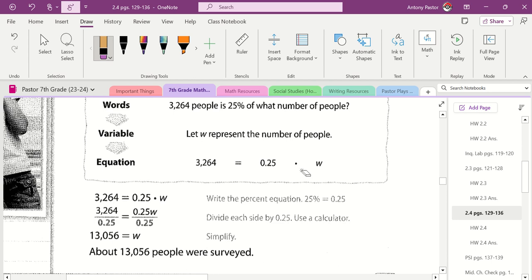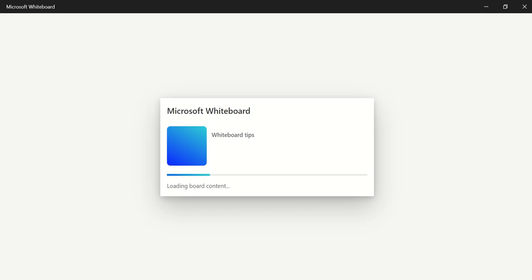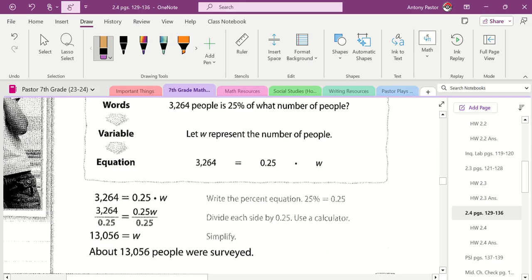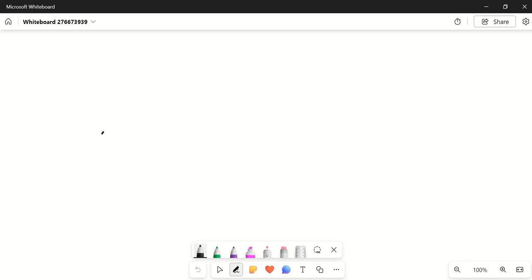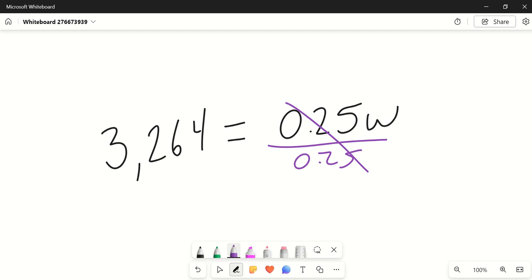So, let's go ahead and solve that on our whiteboard. Our part is 3,264. 3,264 equals 0.25, because it was 25%, times W, which will be 0.25W. I'll divide this side by 0.25, which will cancel out.